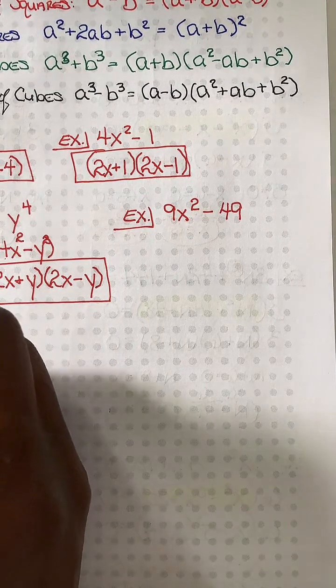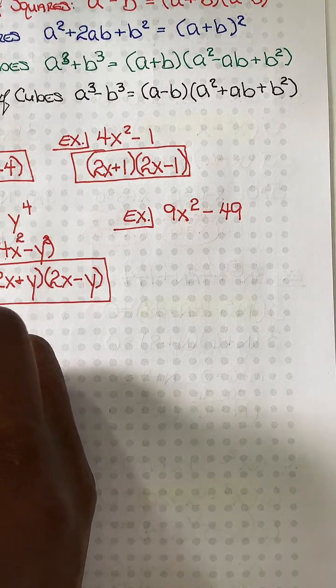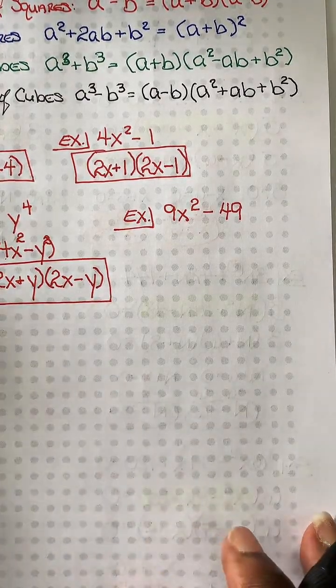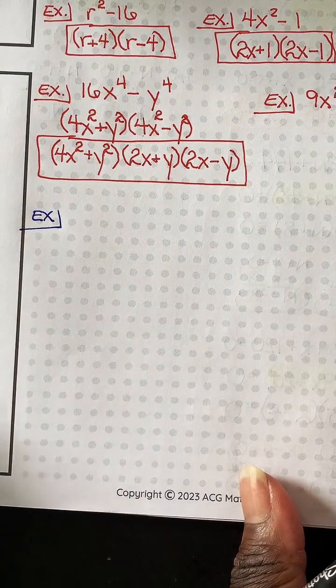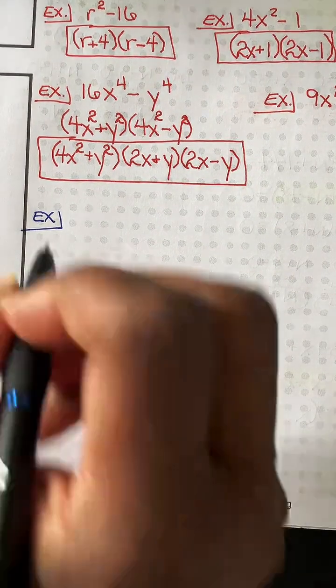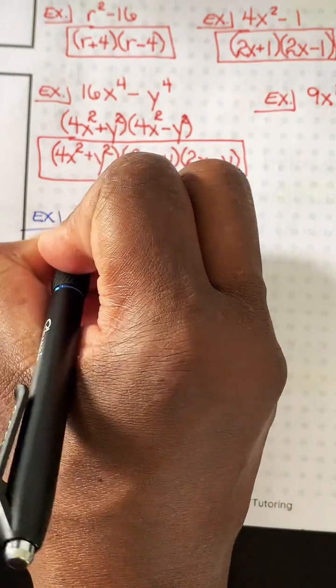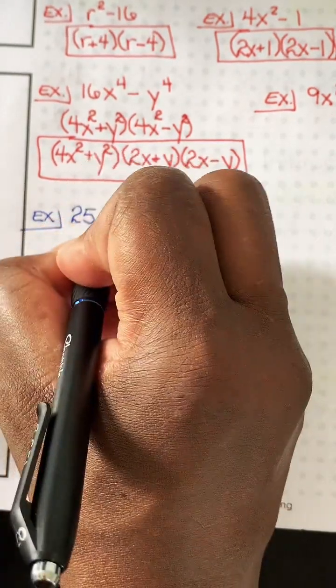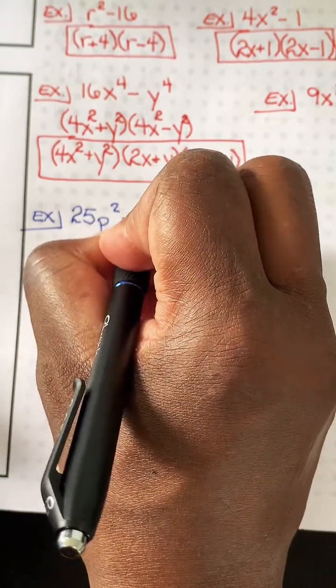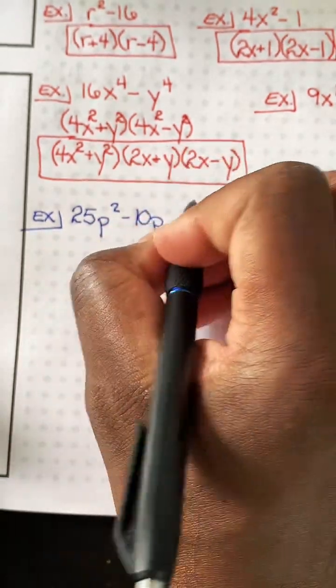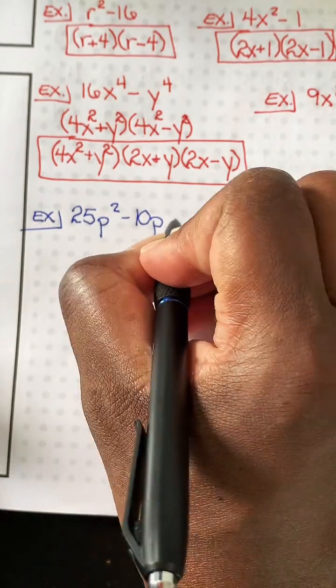All right, so let's go. Perfect squares. Here we go. Again, like I said, I'm going to try to keep the color palette so it's easy for you guys to follow along. So we have 25p squared minus 10p plus 1.